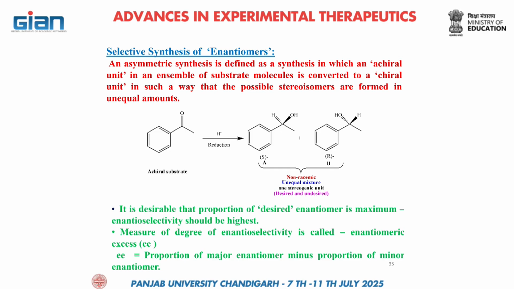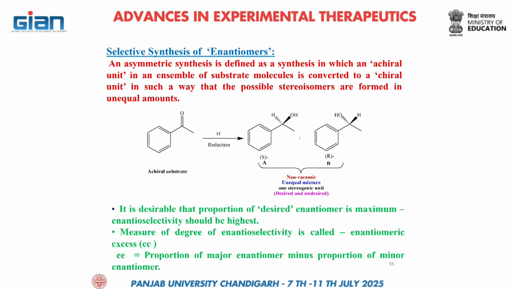If it is unequal, then your asymmetric synthesis has started. So it is a desired proportion, the enantiomer which you desire for your final target. What is your final target? You want an antibacterial, antioxidant, anti-cancer, antiviral molecule, whatever property you are desiring. So either you get A or you get B.